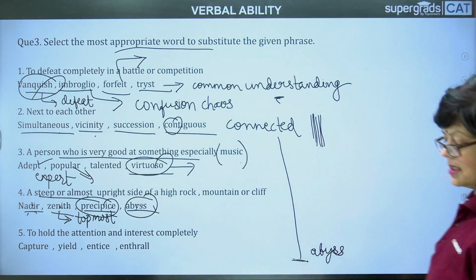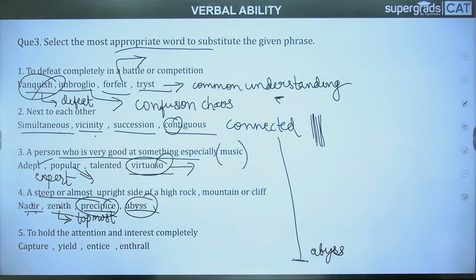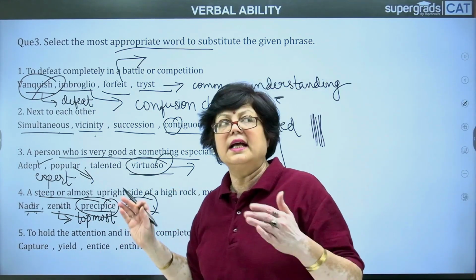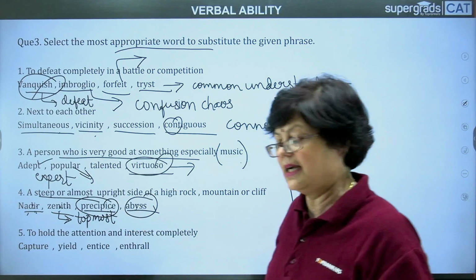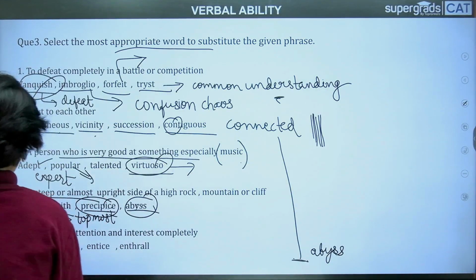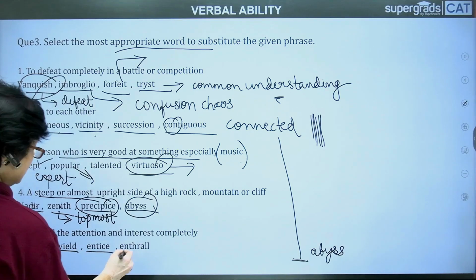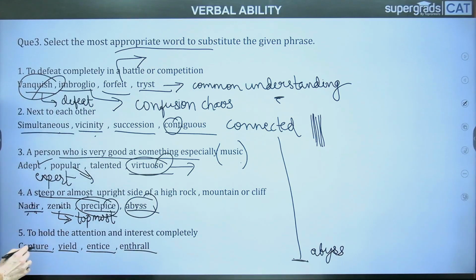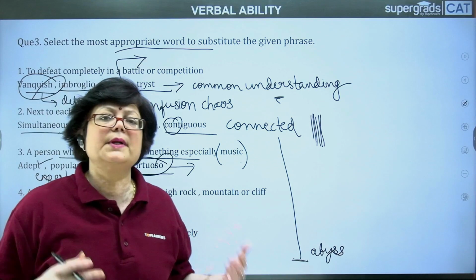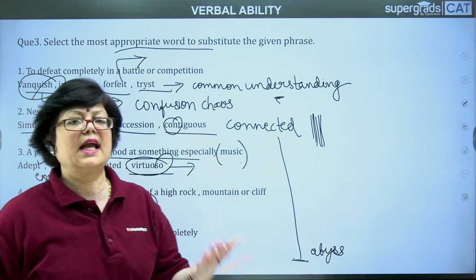Look at the next. To hold the attention and interest completely. Let us examine the options. Capture, yield, entice, enthrall. Capture is to take somebody into imprisonment, to make somebody a captive.